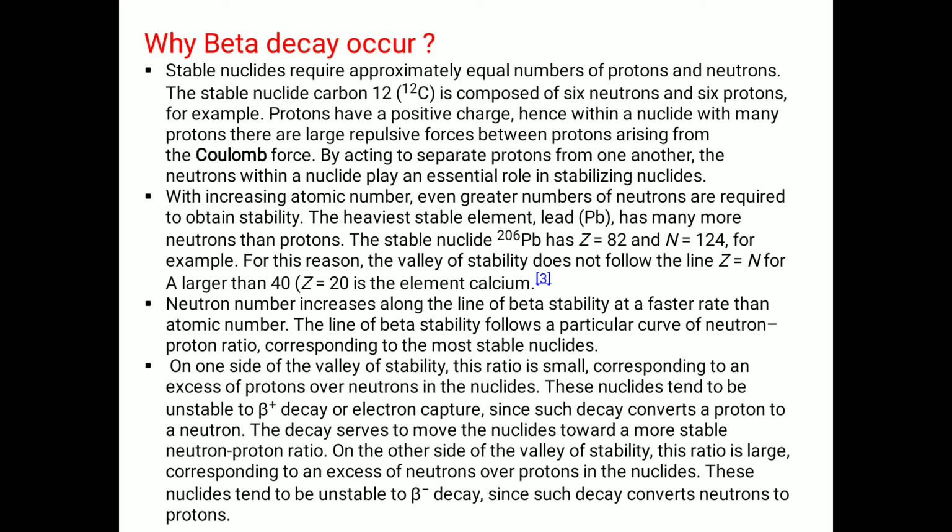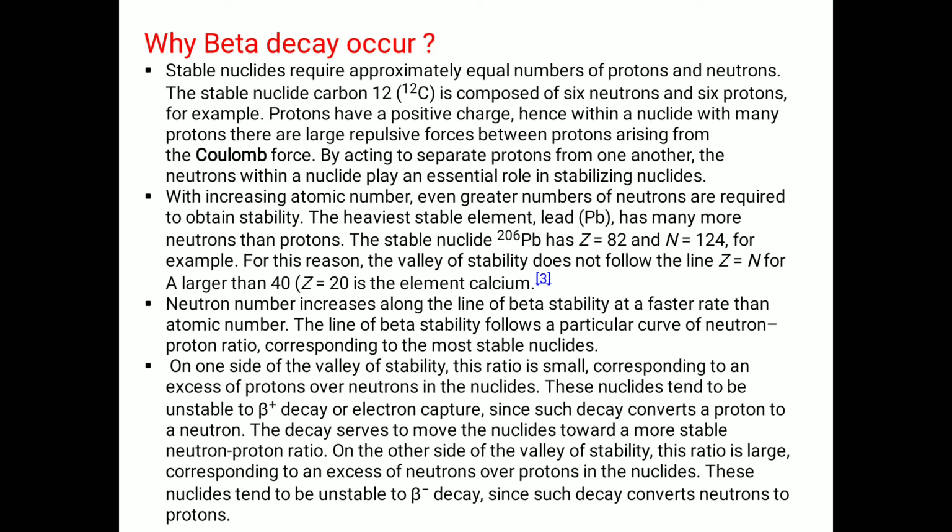Our next point is that the neutron number increases along the line of beta stability at a faster rate than the atomic number. The line of beta stability follows a particular curve of neutron-proton ratio corresponding to the most stable nuclide. Means the number of neutrons increases along the line of beta stability.